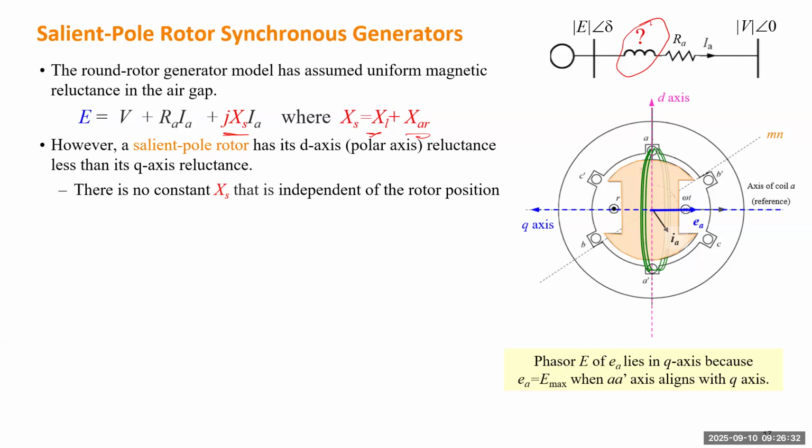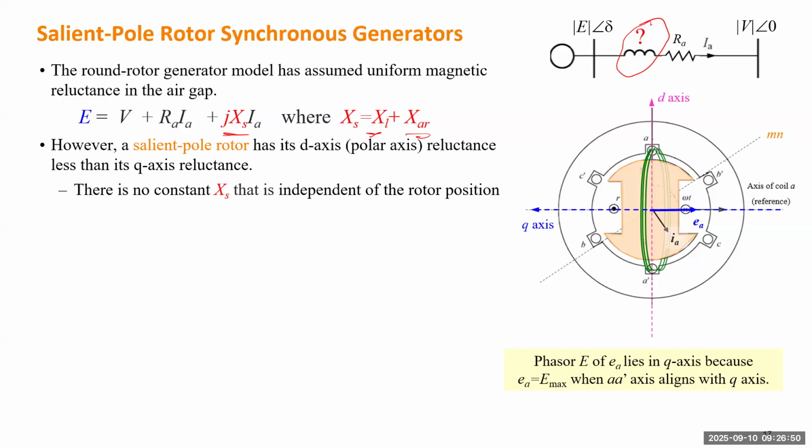The smallest air gap happens when the winding A is in parallel with the D axis. But at this moment, the winding A axis is in parallel with the Q axis, so the air gap will become largest. So we can model the reactance in two directions.